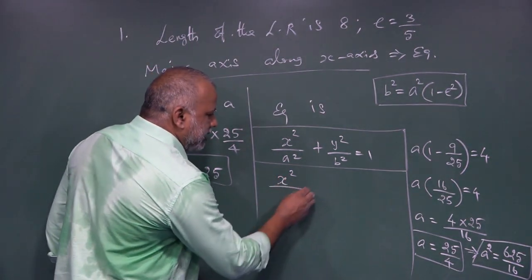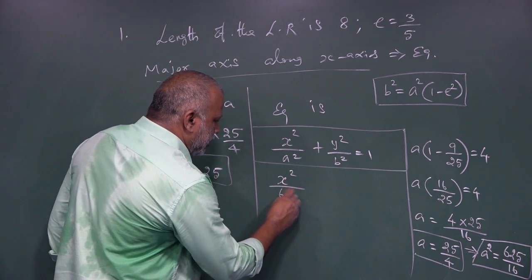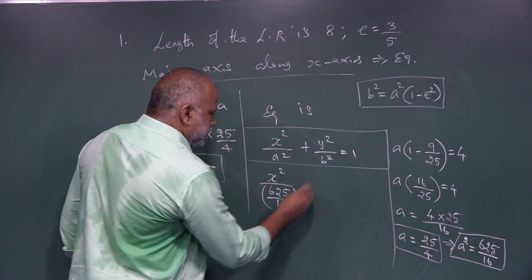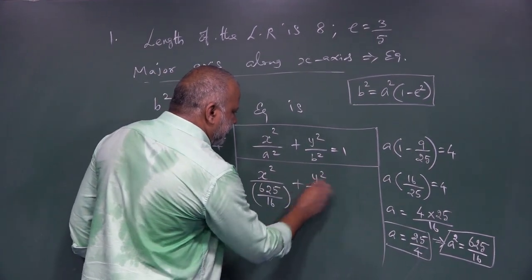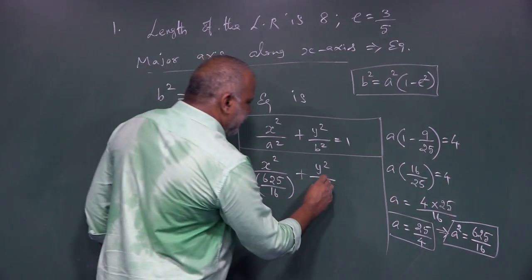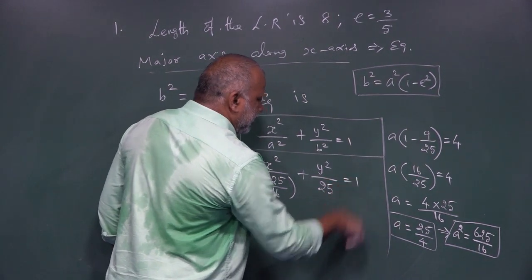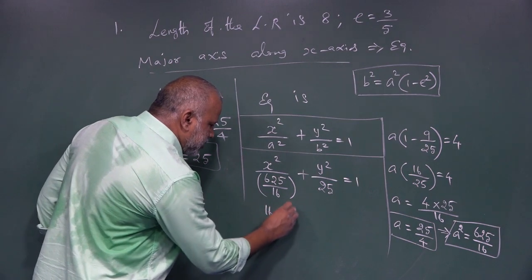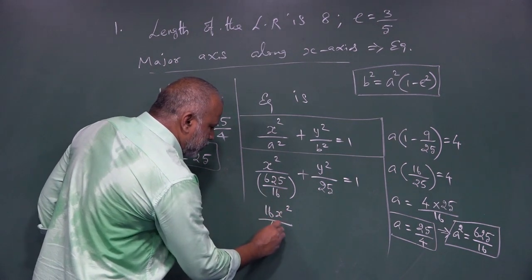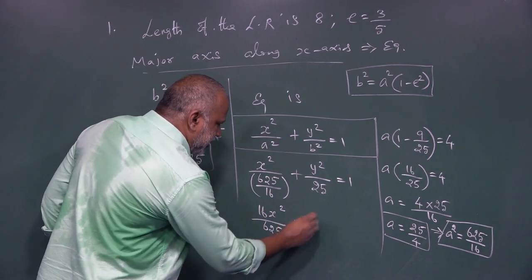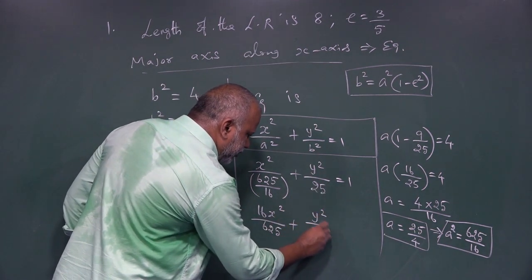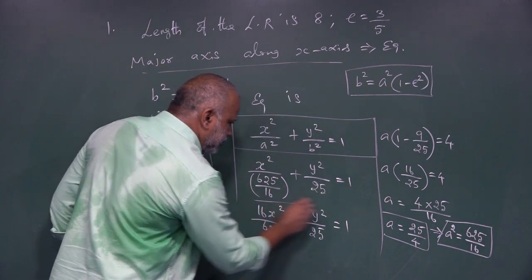Therefore, x squared divided by a squared, which is 625 divided by 16, plus y squared divided by b squared, which is 25, equals 1. We can take the reciprocal here: 16x squared divided by 625 plus y squared by 25 equals 1.